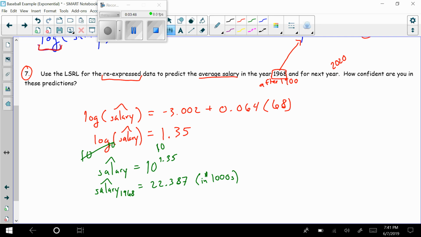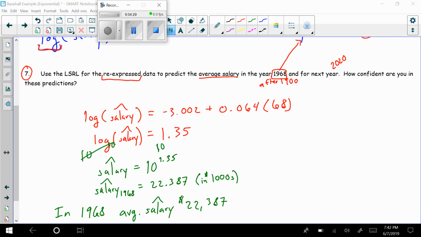Which means since it's in thousands of dollars, I move this decimal place 3 times, and my predicted average salary in 1968 would be $22,387. And that's just doing the first one, this 1968 one. Now we need to do the exact same thing, but for 2020. Now would be a great time to pause the video and try that one out on your own.